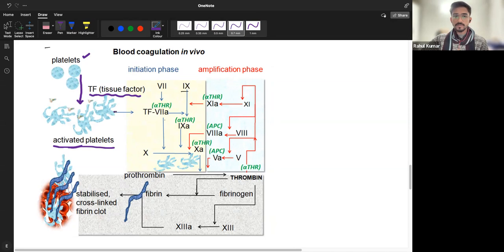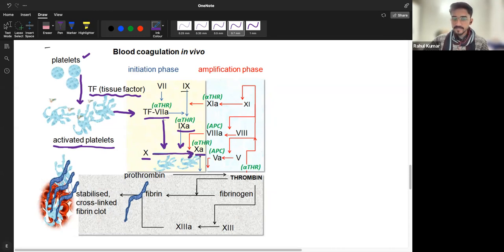What you have to focus on is that activated factor 7 and factor 9, when they are activated, both go and activate factor 10 and make it 10A.